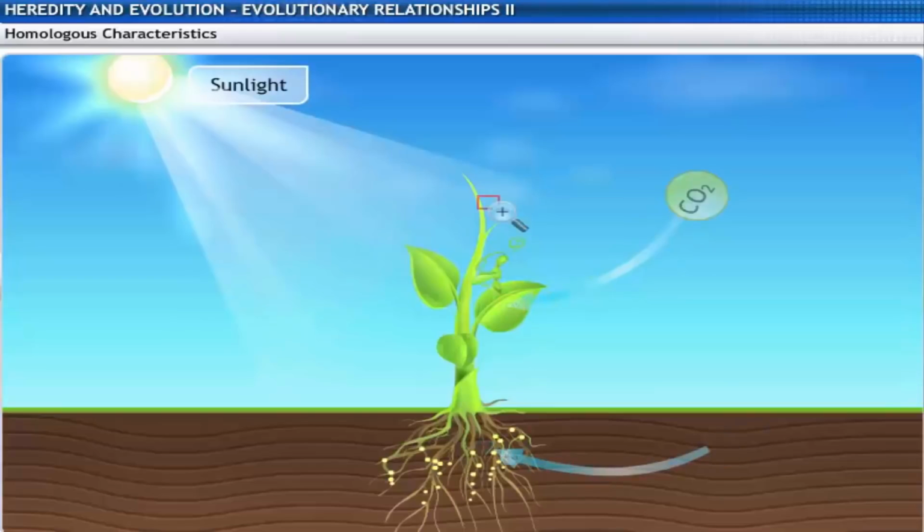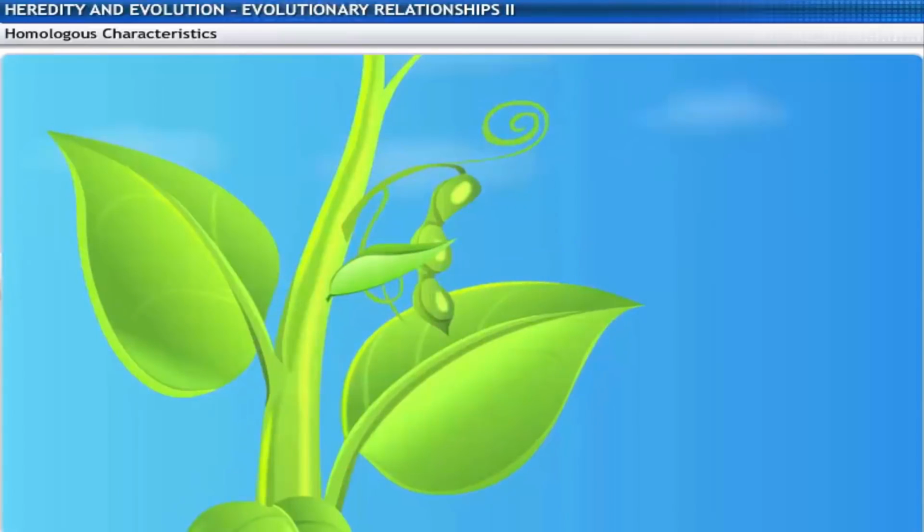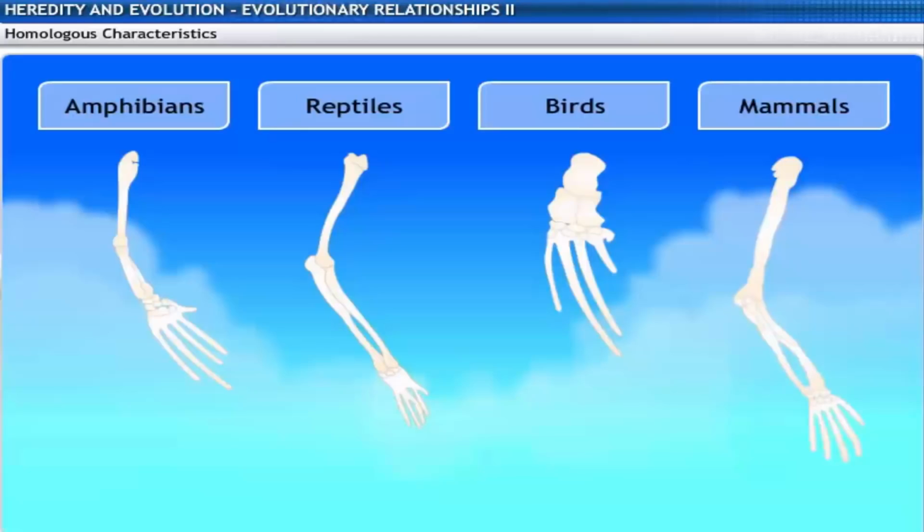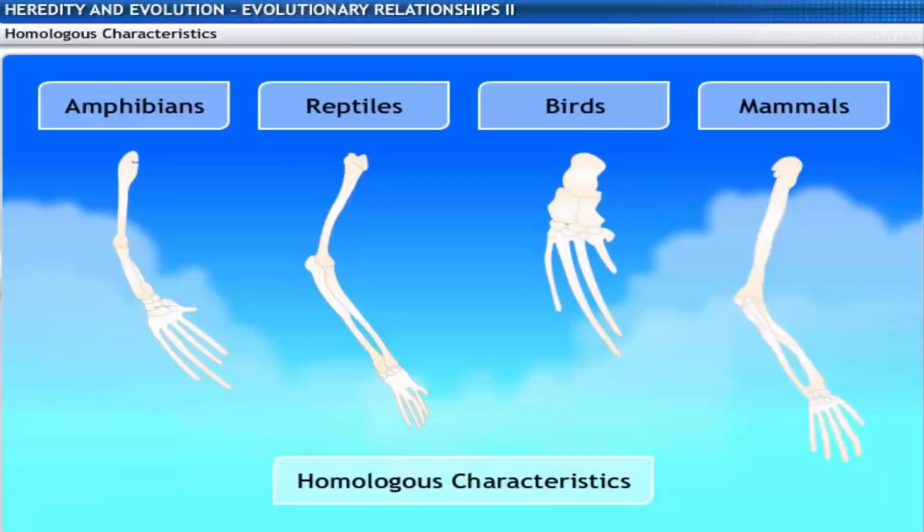Preparation of food through photosynthesis is a basic characteristic of plants. Characteristics in distantly related organisms would be similar because they are inherited from a common ancestor. Such characteristics are called homologous characteristics.